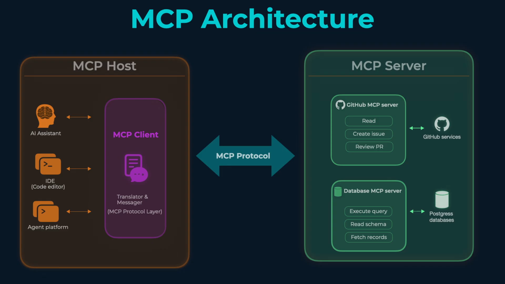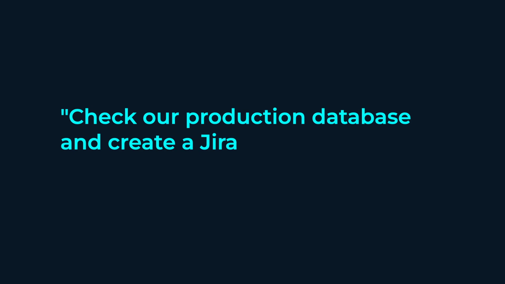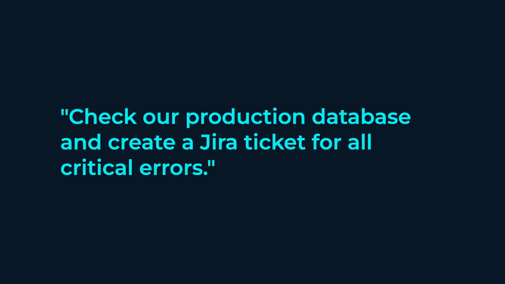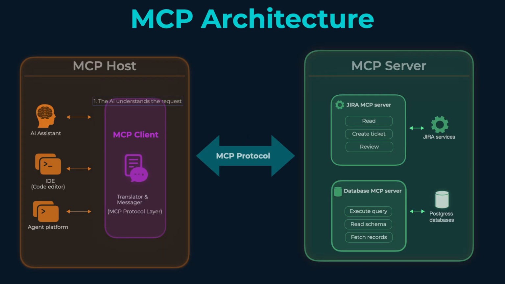Let's dig into a real example. Imagine you ask, check our production database and create a Jira ticket for all critical errors. What happens? The AI understands the request. It discovers which available MCP tools can process this. It calls the database MCP server. The server returns all critical error data.